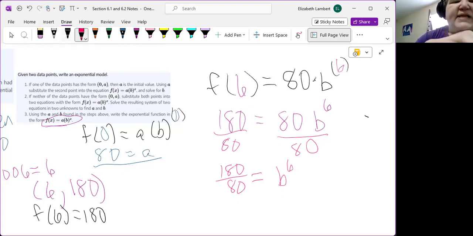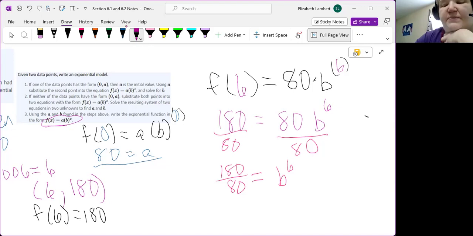So when we want to cancel a weird exponent, we need to use a power that will do it. When we raise something that already has a power to another power, the powers multiply. Haha, cheesy joke. So what I want to know is 6 times what number will equal 1?